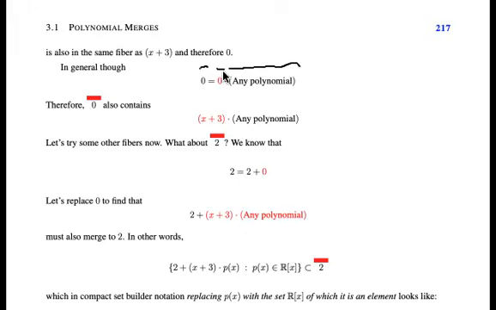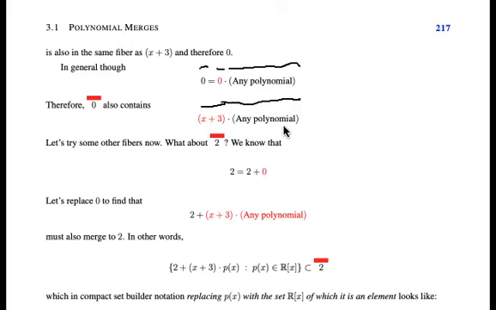Now we can replace 0 bar with x plus 3 bar, right? And extend the line a little bit further, which means that x plus 3 times any polynomial is also in 0 bar. So basically any polynomial multiple of x plus 3 is inside of 0 bar.